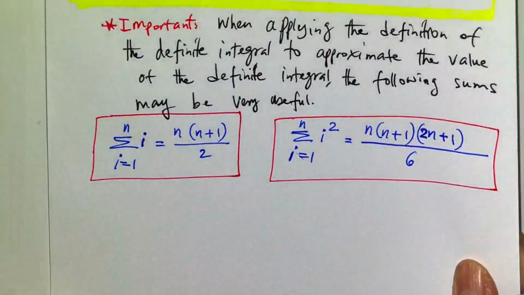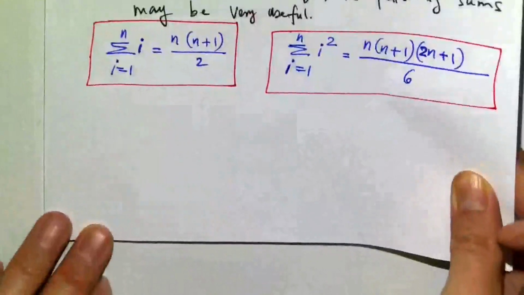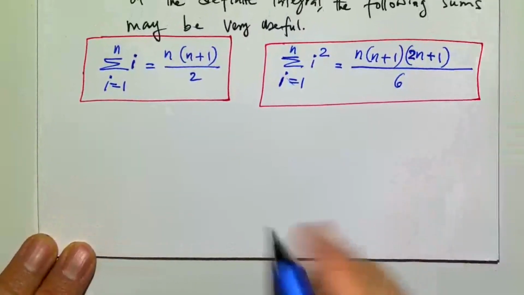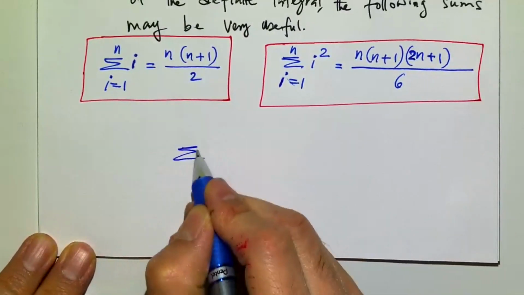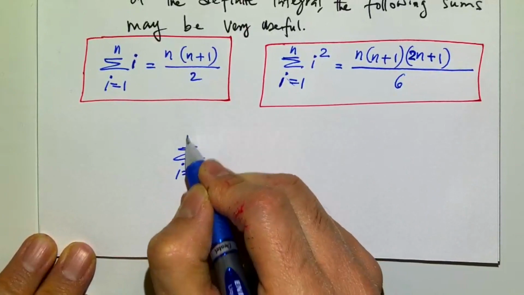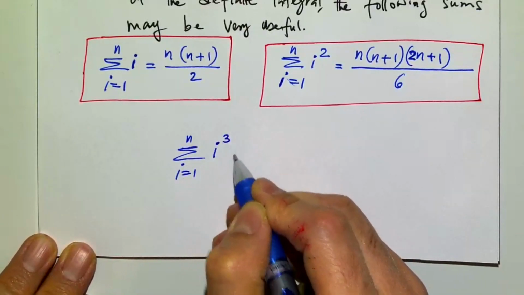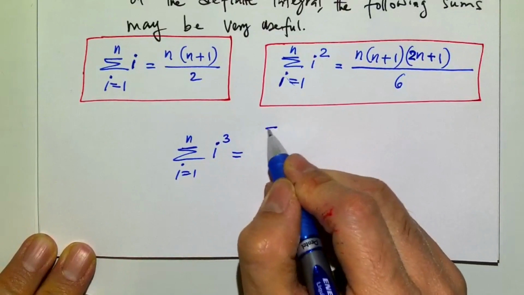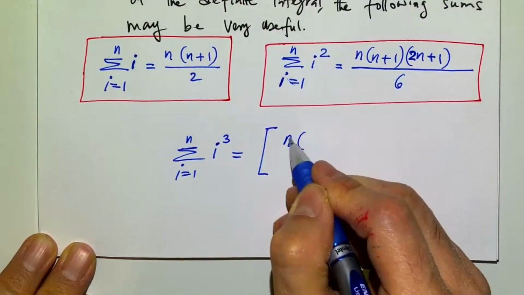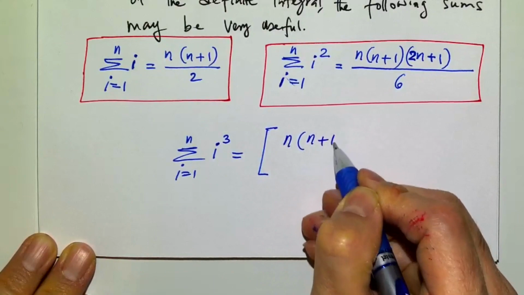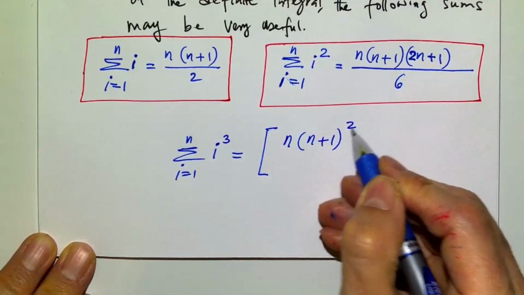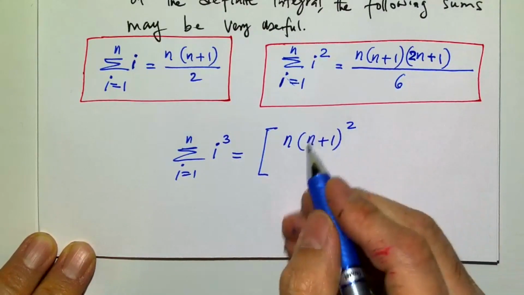And then, so what else? And then we also have the one with i cubed, right? Oops, that square should be on the outside, sorry.